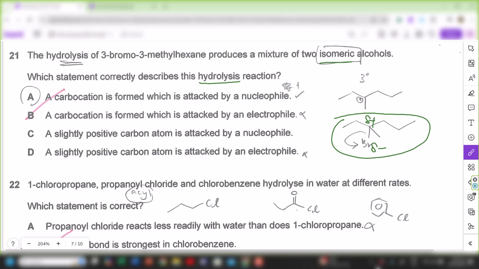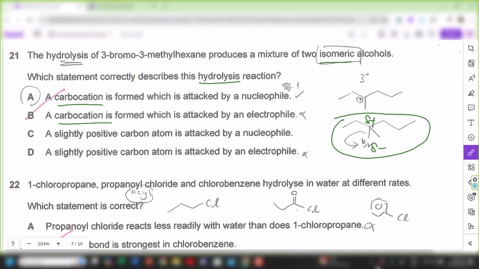That means that inevitably it will form a carbocation, and that will limit our answers to A and B. And then we'll move on to look at whether the carbocation will be attacked by a nucleophile or an electrophile.